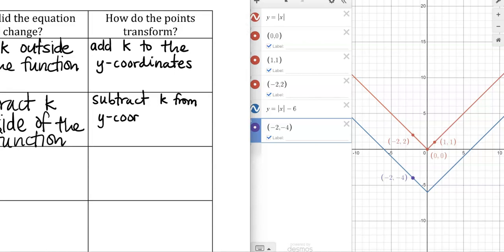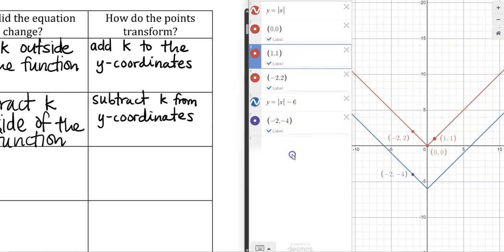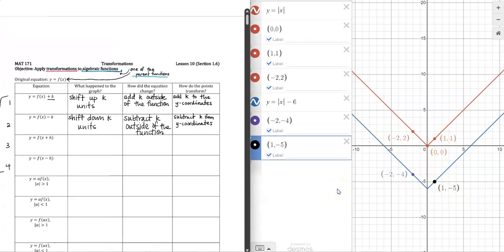So for all of the points that were on the original graph, for instance, (1, 1) was on the original graph. There's (1, 1) right there. That would have moved to (1, -5), because I take the y coordinate of 1 and subtract 6 from it to get -5, since the graph is going down 6, and I can see that there.